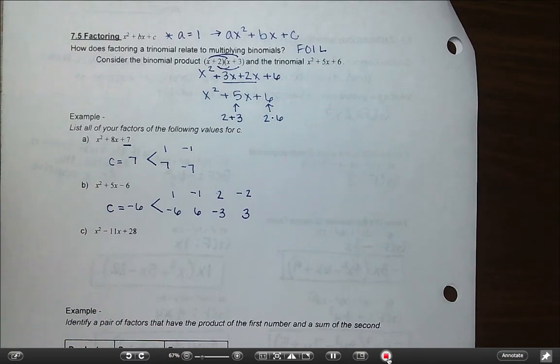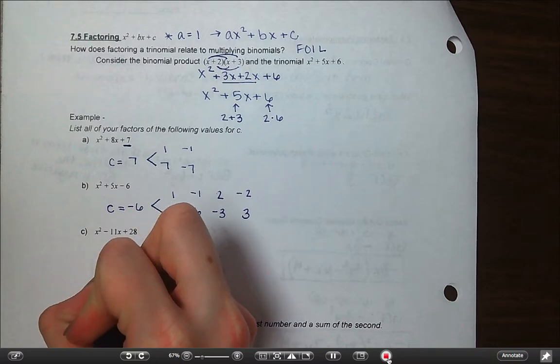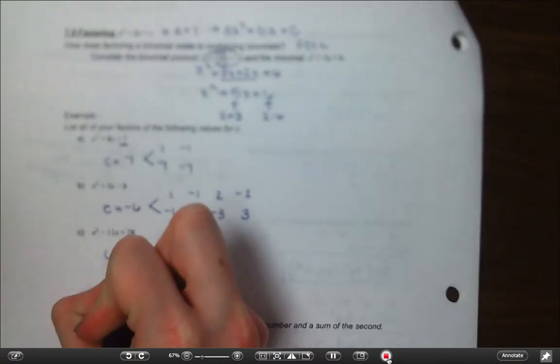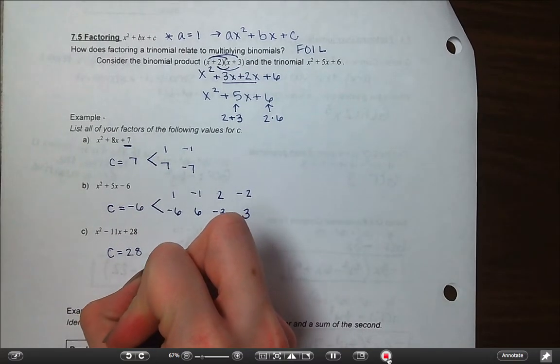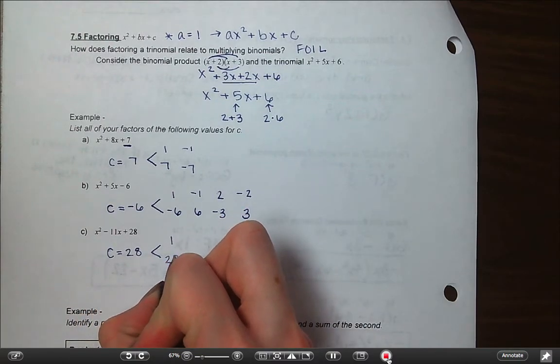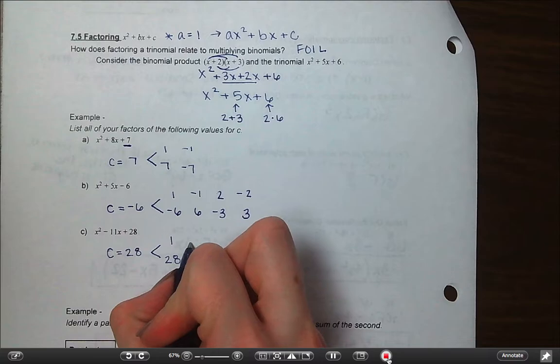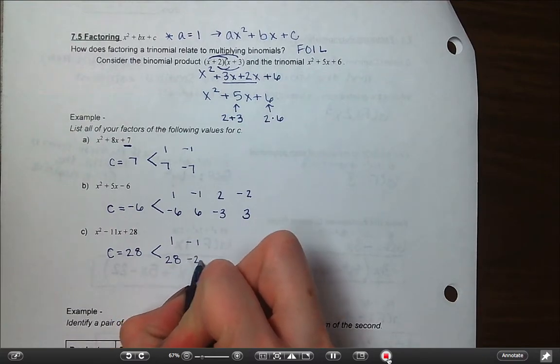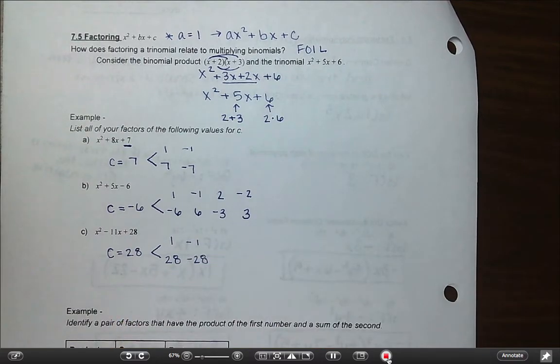All right, looking at c, x squared minus 11x plus 28. So if c equals 28, okay, start at the bottom. So we have 1 and 28, which means we also have negative 1 and negative 28. Okay.